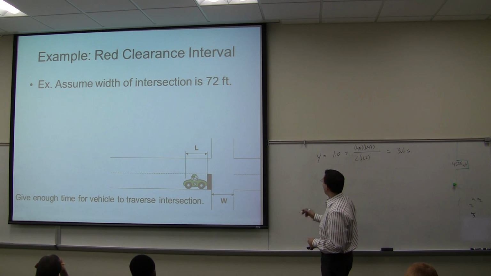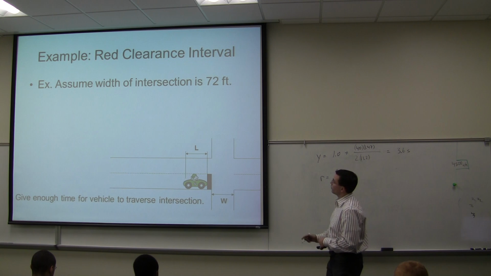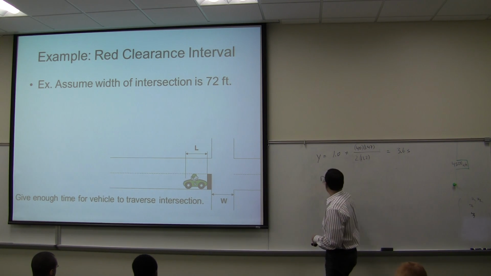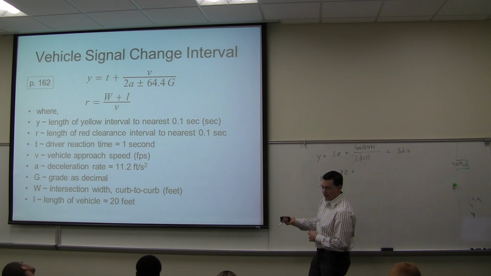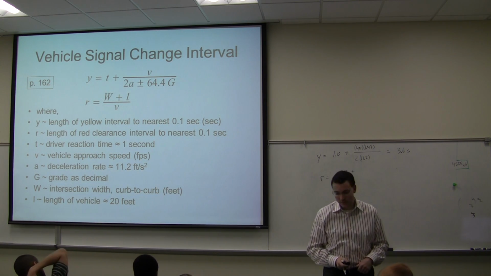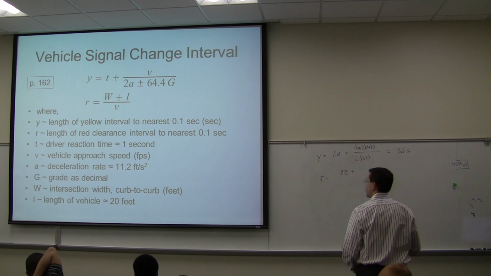So for the all red clearance interval, our intersection width in this case is 72 feet, plus our vehicle length, and were we given one? Nope. Is that in the book, or did I write that in? You put it in. Yeah. So typical length is 20 feet.